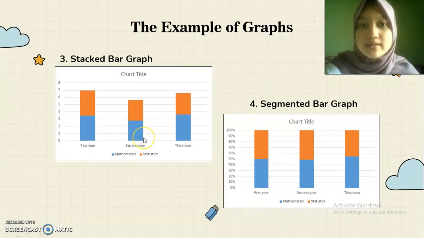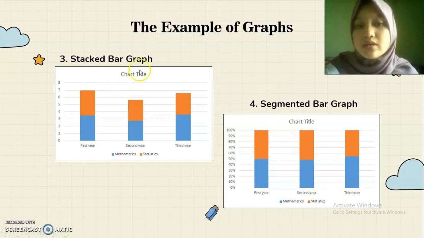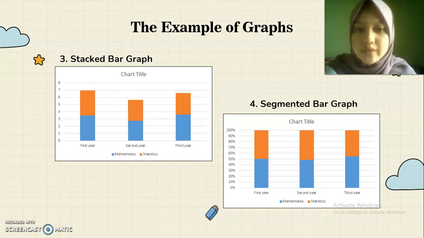And this is the stacked bar graph and the segmented bar graph. Numbers 3 and 4 are also examples of graphs. A stacked bar graph is a group bar graph with its rectangular bars stacked on top of each other rather than placed side by side.